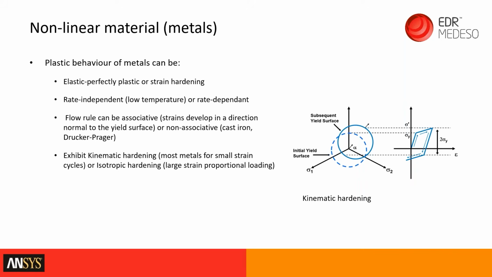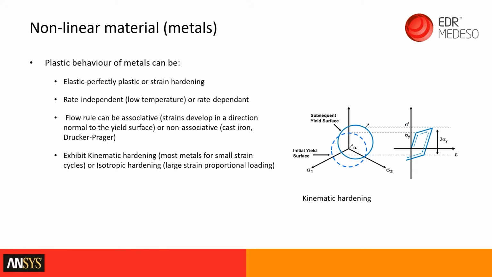Generally at low temperatures, metals are rate independent. The amount of plasticity isn't dependent on how quickly you apply the load. Some materials, viscoelastic for instance, have a relationship to how quickly the load is applied, and metals, when they're at high temperature, can become rate dependent.